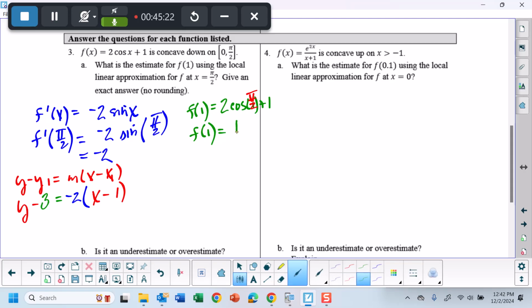Right? So that makes this a 1. Get an eraser. There, we like that better. So then my equation of my tangent line, y is equal to negative 2x, that's plus 2 plus 1 more, there's my 3.